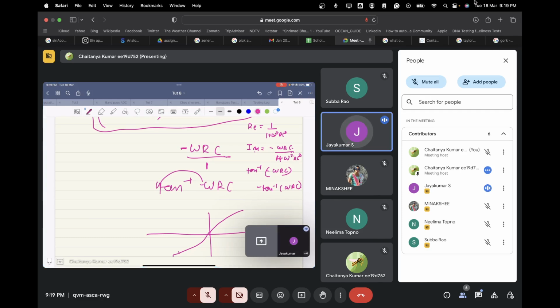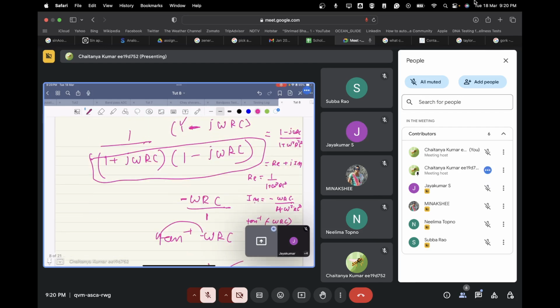So in all poles, we'll take minus tan inverse. Correct, all the poles will have minus. No, all the left half poles will have minus tan inverse. Right half poles will have plus tan inverse, because in that case, instead of plus, you will have minus.